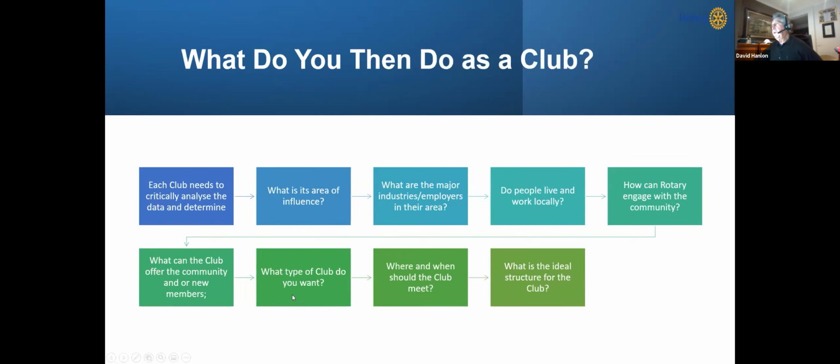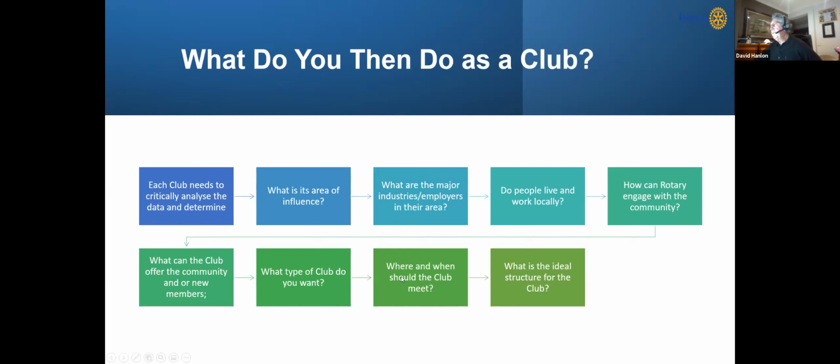This then should tell you the type of club that you'll need, because you can't satisfy everyone. So you need to work out how it is that you can get the most potential members and keep them engaged. It's no good bringing them in the door if you can't engage them in service into the community.